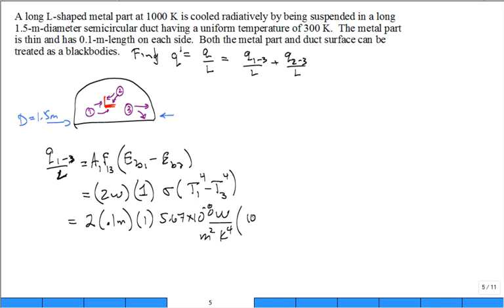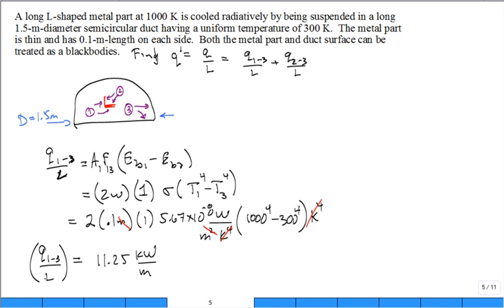Then we're going to have 1,000 to the 4 minus 300 to the 4, and I pull the units outside, Kelvin to the 4th. Cancel, cancel, cancel one of the meters, and we get watts per meter. And we can run that number, and we find 11.25 kilowatts per meter. That's what's going from the outer surface of the metal part to the wall.